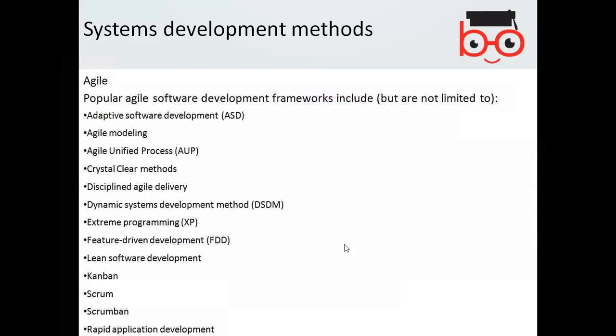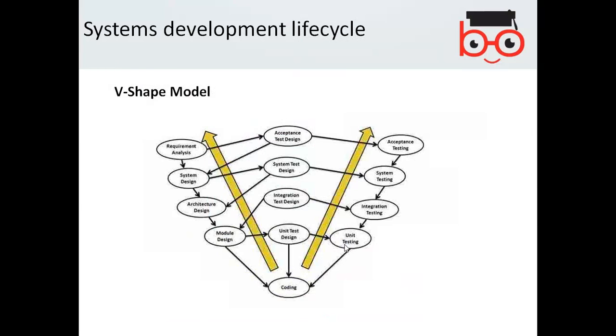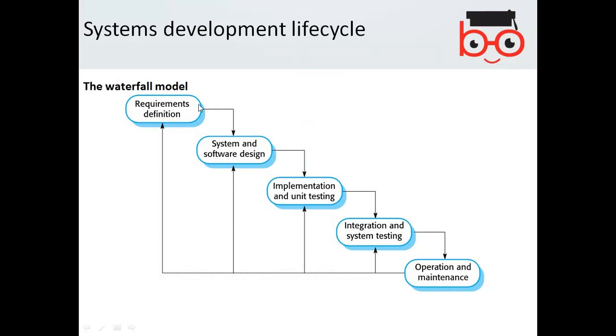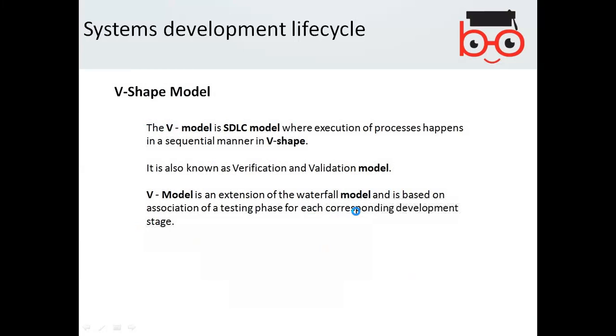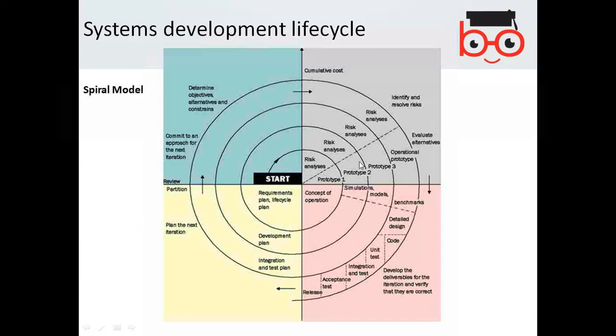If you remember, in the waterfall model, what happened? The requirements were taken, system analysis was done, implementation was done, then integration and testing. But in prototyping, you start something and then try to produce a prototype.